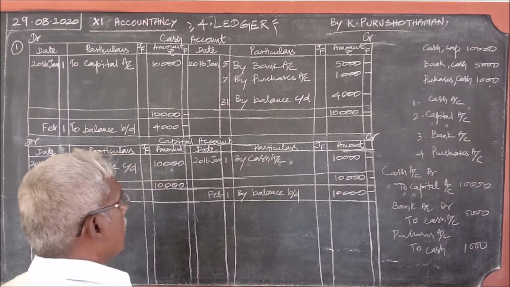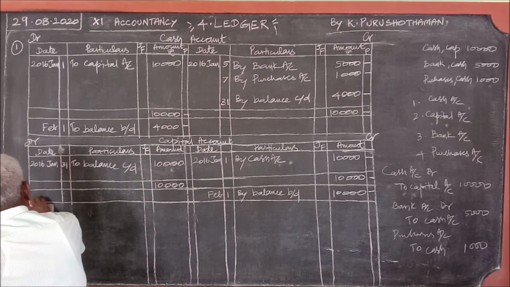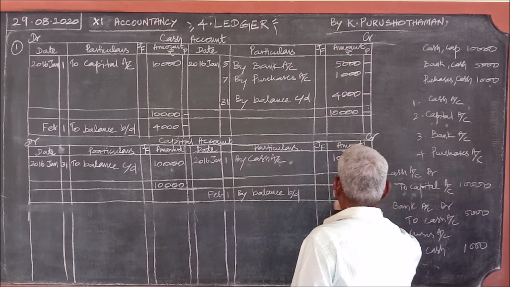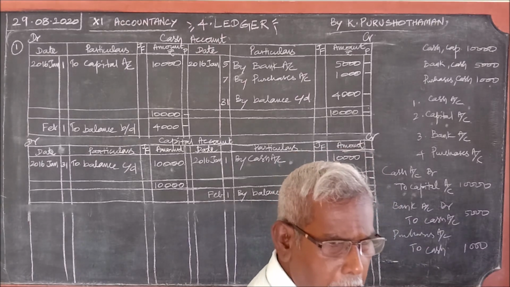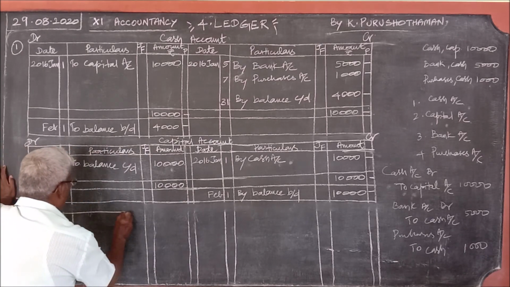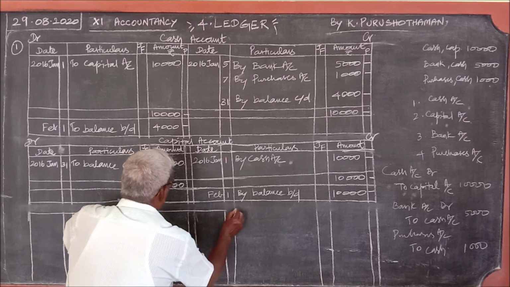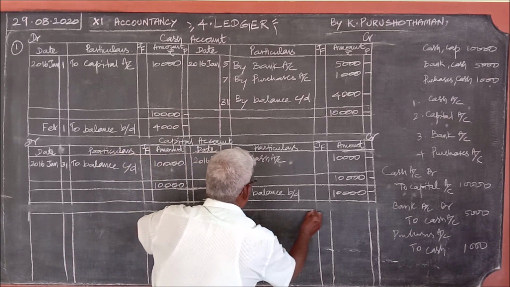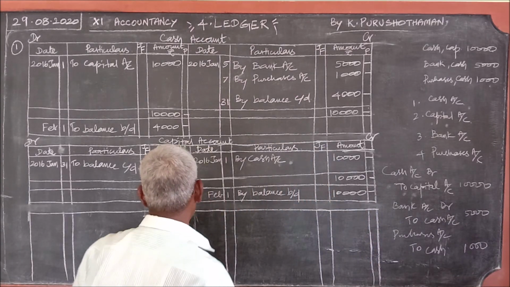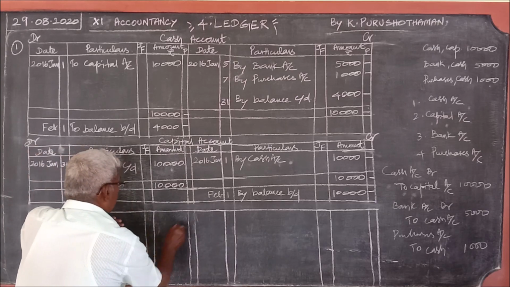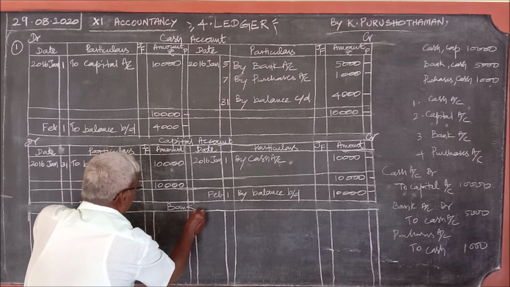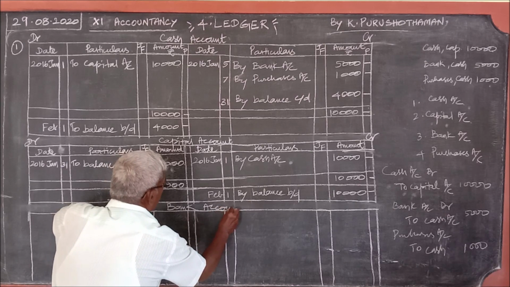The third ledger is the bank account. Write the heading in the middle: Bank account.